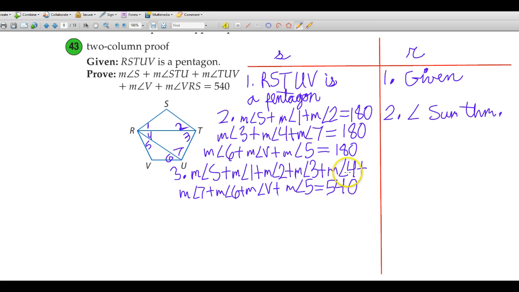So that's just the addition property of equality. So we added like things to both sides of the equation.